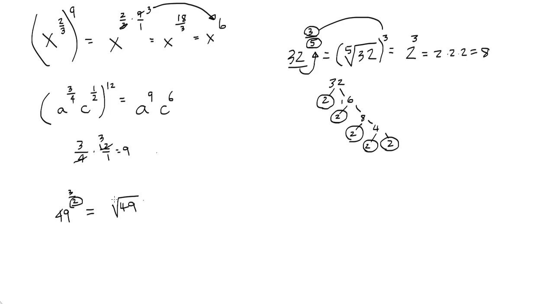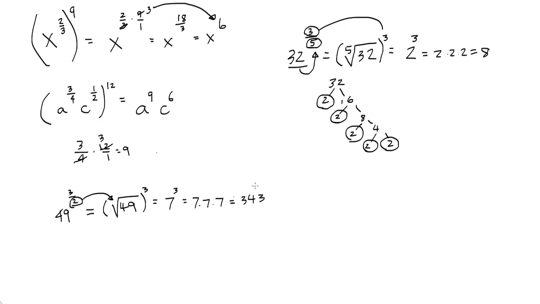Remember, we do not write the 2 in the radical. There's no 2 here. It's understood. But we are going to write the 3. Okay? The square root of 49 is 7 raised to the 3rd power. 7 times 7 times 7. 49 times 7 is 343. Okay? Not too bad.